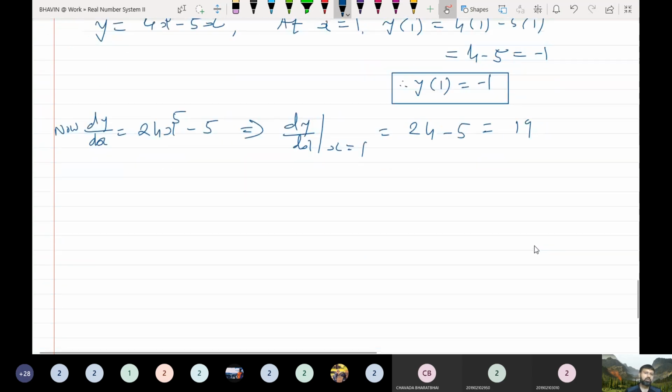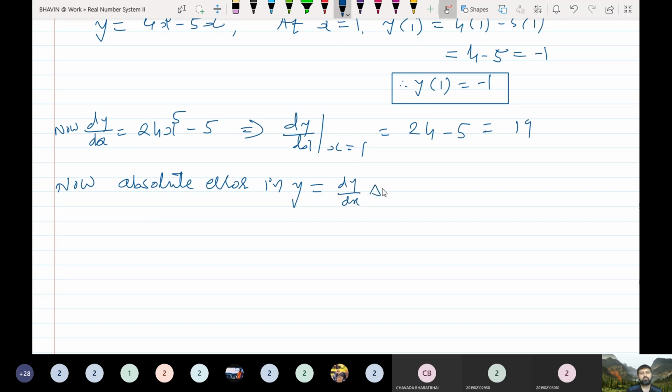Okay. So now absolute error in y. Here I should write delta y. This is equal to, what is dy by dx? This is 19.